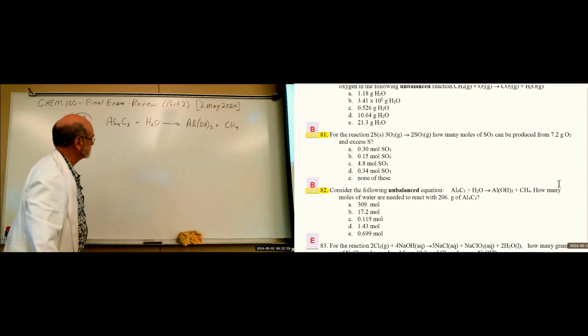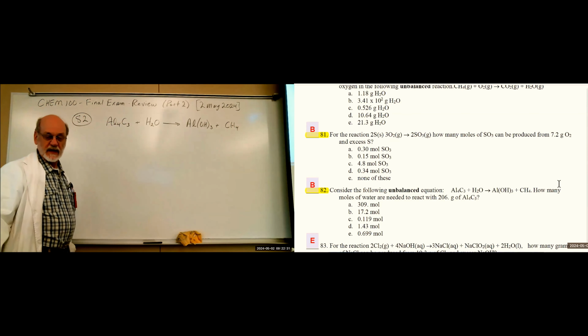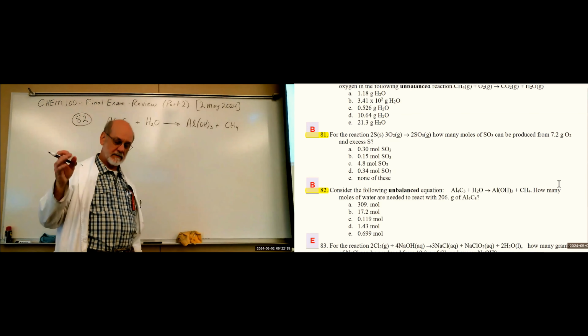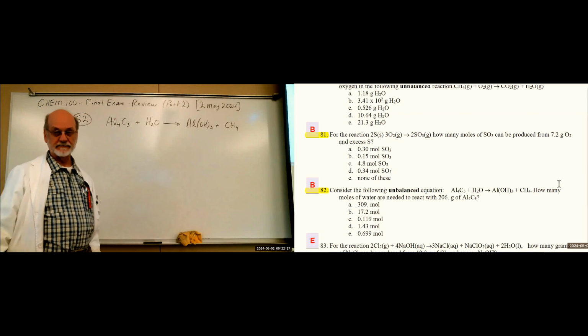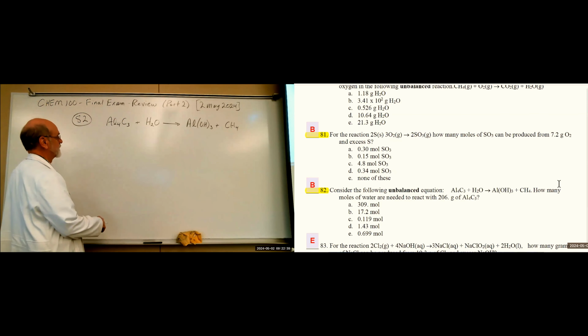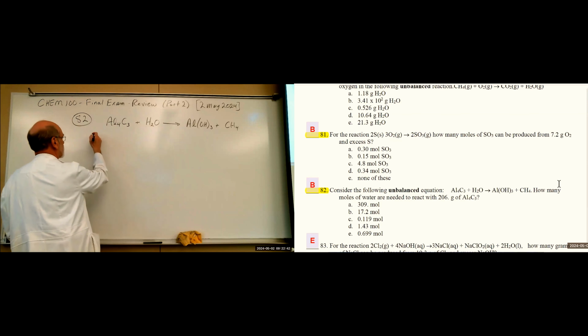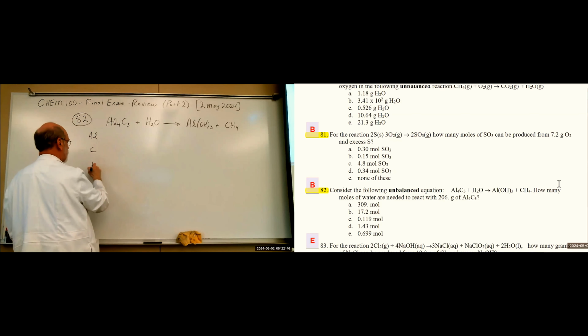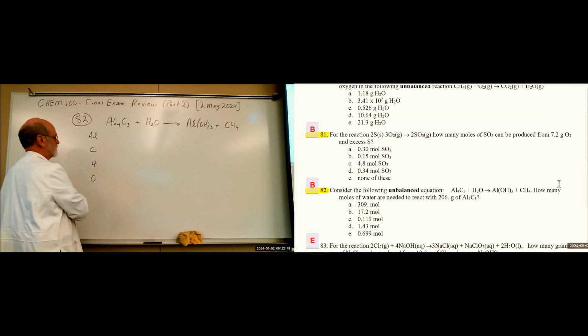Okay. Now we can use the budget method. Let's do that just for practice. So we set up our budget. We have aluminum, we have carbon, hydrogen, and oxygen.